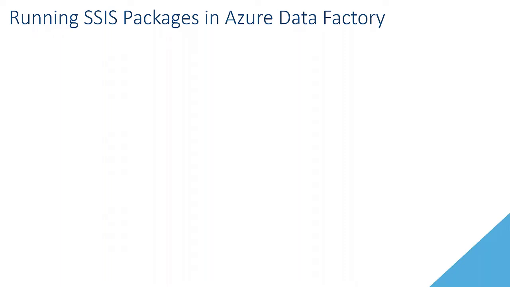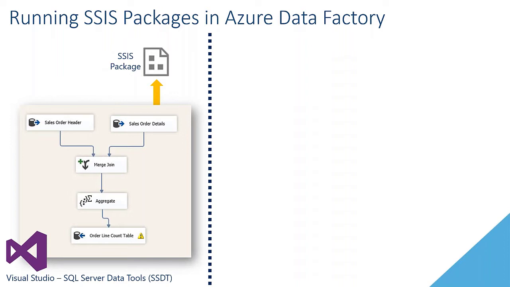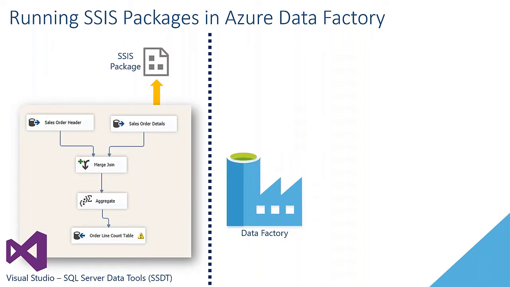But if we want to use just PaaS only, platform as a service tech, we could create our package using Visual Studio or whatever. And then in Azure, we will need Data Factory. We can't avoid it. And we will have to create that SSIS integration runtime.